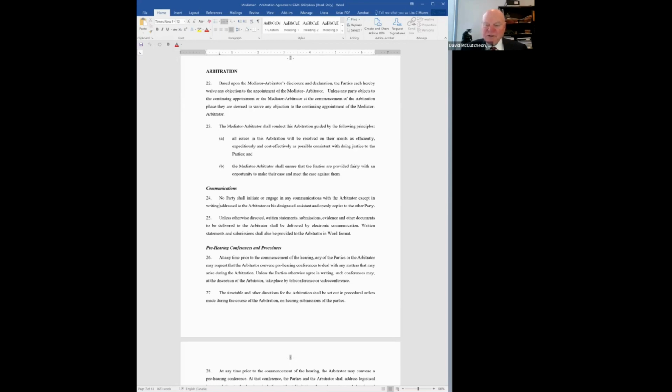Is it speedier? Yes, it's a lot speedier. And finally, do you get a person in the role of Med Arbitrator who is a better person to resolve your overall dispute than you might get by chance in the court? That's not to say the court doesn't do a good job, but you get to pick that person and you get to pick somebody with the expertise you need. Very valuable if you're trying to really resolve a dispute as early and as effectively as you possibly can.